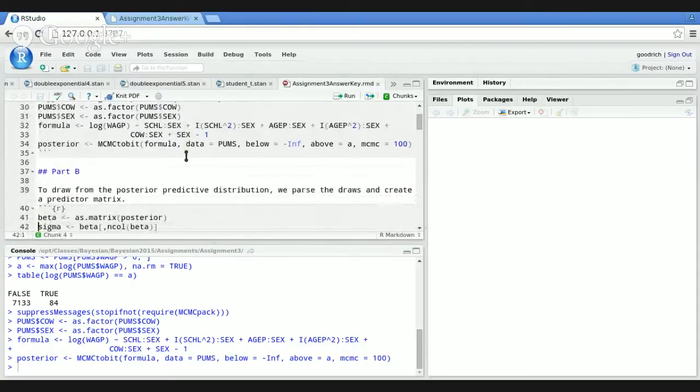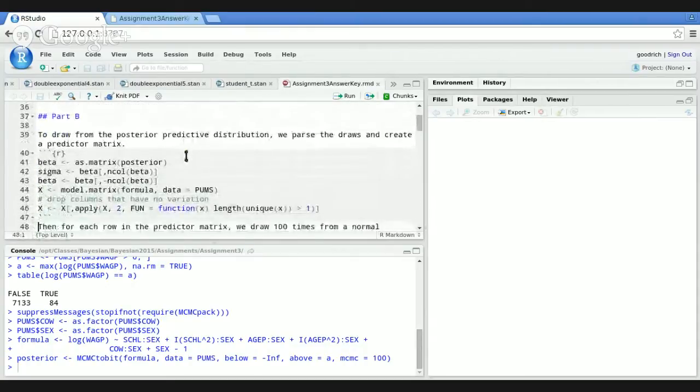And so for the next part, part B, we want to draw from the posterior predictive distribution of wages. Remember the distinction between a posterior distribution and a posterior predictive distribution. A posterior distribution is a distribution over the unknown parameters. In this case, it would be the coefficients beta and the standard deviation of the errors, sigma.